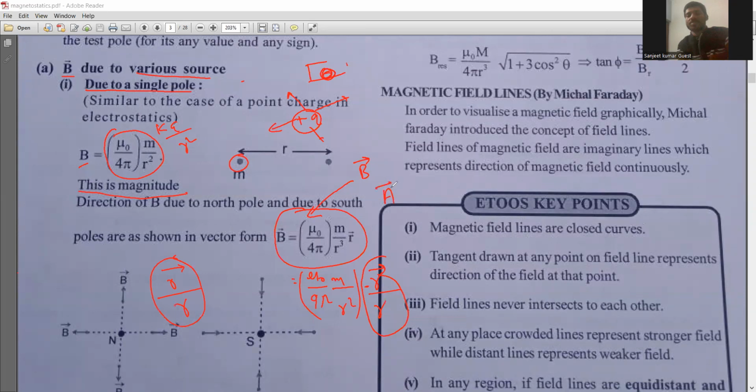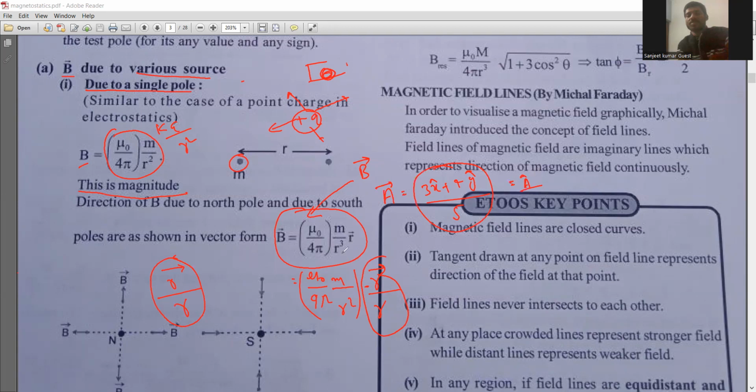Suppose we have vector a equals 3x cap plus 4y cap. So this is a vector. What is the magnitude of this? 3 and 4 gives 5. So we will divide by 5. So it is a unit vector, that means its magnitude is 1.